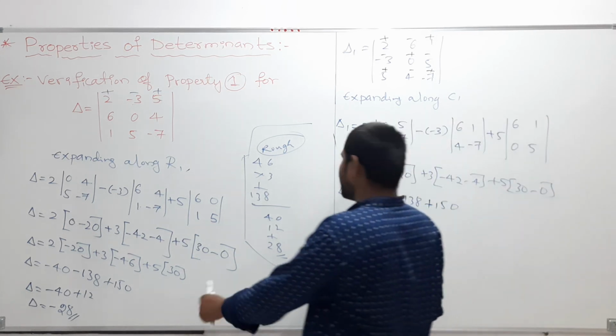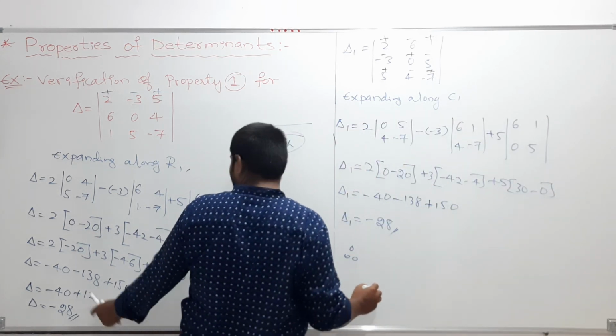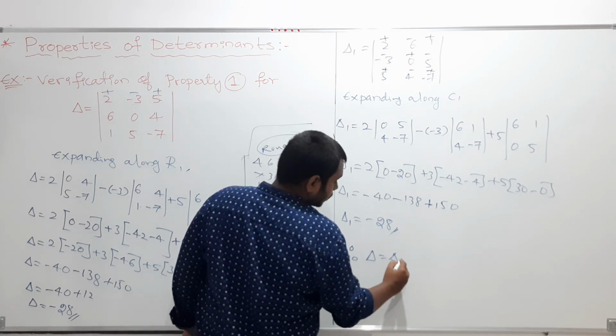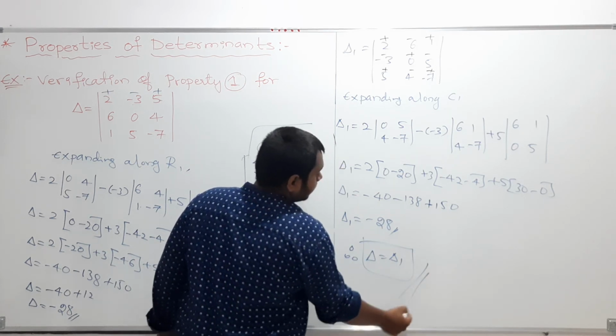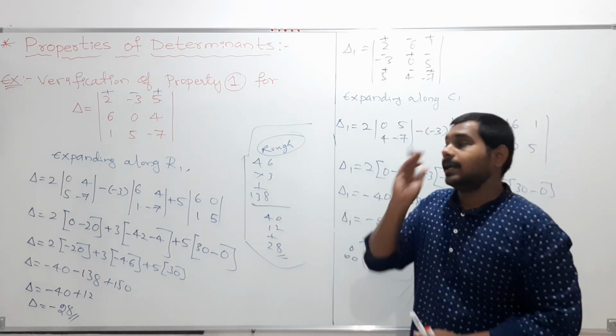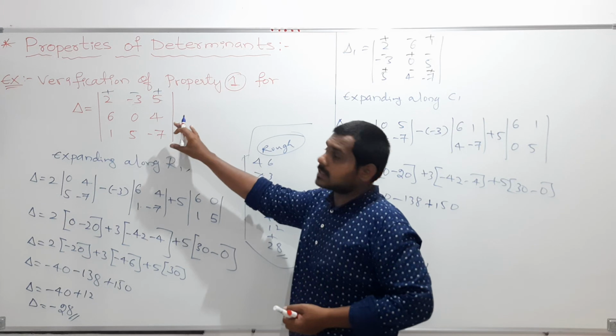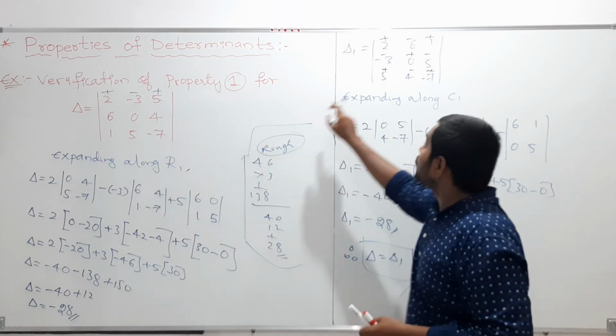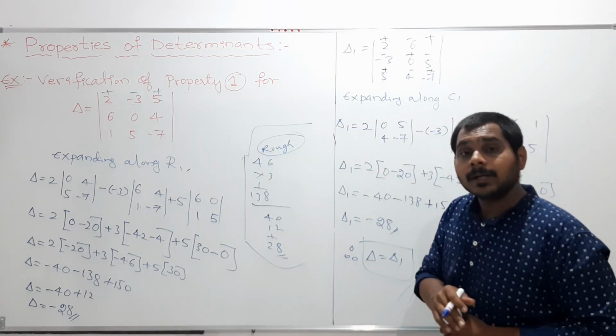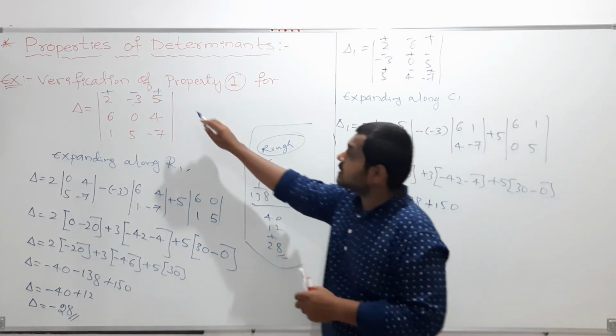So you can write therefore delta is equal to delta 1. Clear? Please keep in mind, whenever we have any square matrix, if we interchange rows into columns, remember you are not interchanging only the first row or first column.